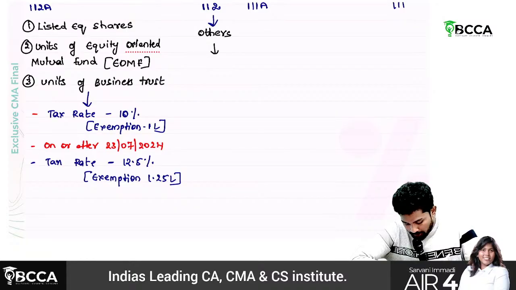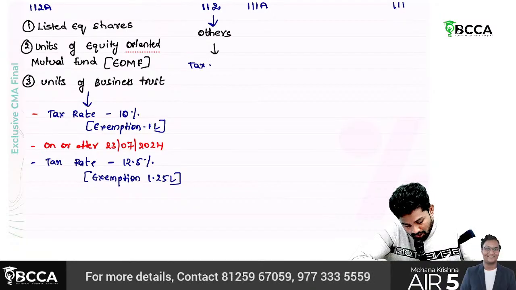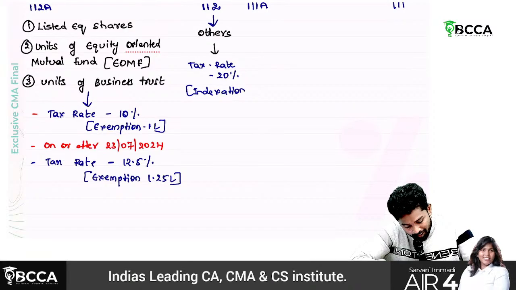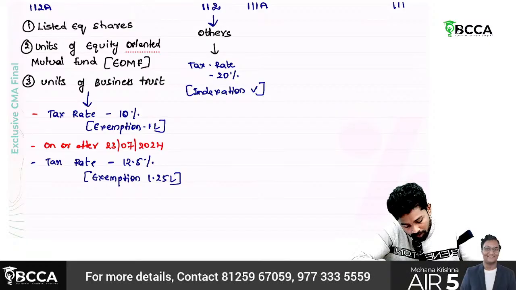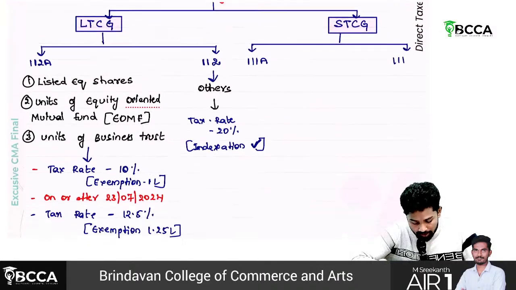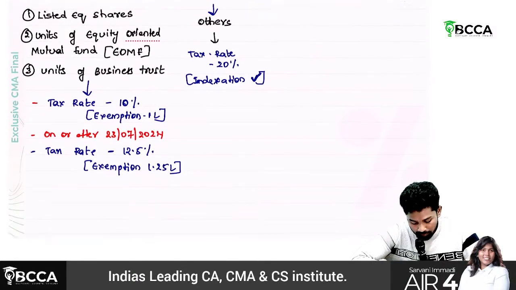It used to be, sir, the tax rate 20%, indexation available. Tax rate used to be 20% and indexation is available.